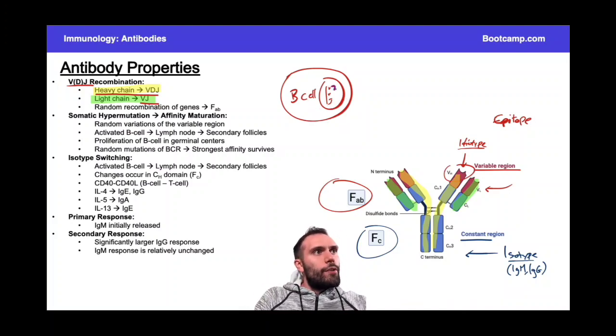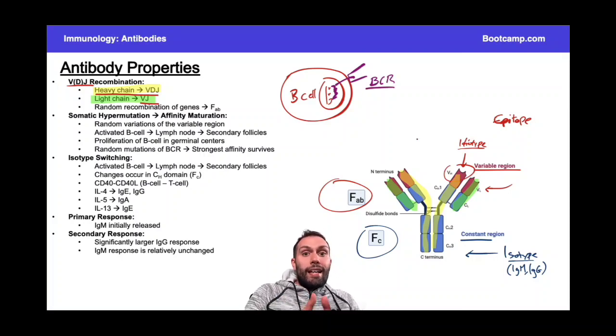So we shuffle all of these genes around, and then we come out with this very unique idiotype on this B cell receptor. Remember, what is a B cell receptor? A B cell receptor is essentially a membrane-bound antibody, right? So it's like we created an antibody, like we see here, and we just stuck it on the surface of a B cell. Specifically, IgG and IgM are going to be kind of notorious for being on these membrane-bound surfaces for B cells. You can also see this with IgD a little bit, as we'll talk about.